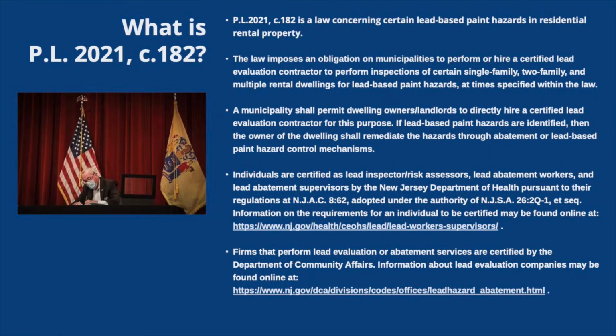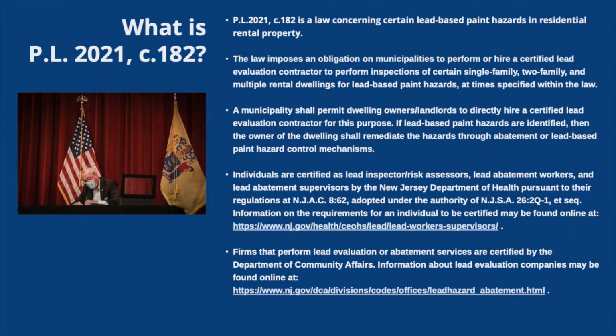So let's talk a bit more about the actual act itself. What is PL 2021 Chapter 182? This is a law concerning lead-based paint hazards in residential rental property. This law imposes an obligation on municipalities to perform or hire a certified lead evaluation contractor to perform inspections of certain single-family, two-family, or multiple rental dwellings for lead-based paint hazards at times specified within the law.